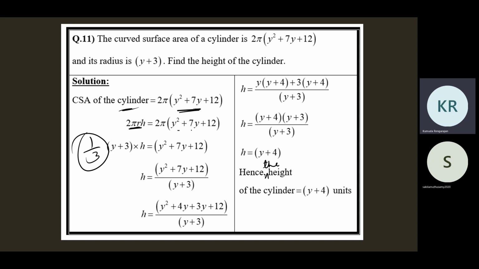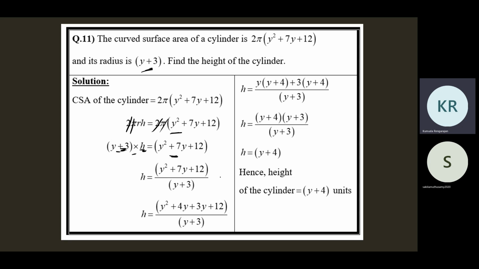That means 2 pi RH is equal to this. 2 and 2 get cancelled, pi and pi get cancelled. So R is y plus 3. R into H, y plus 3 into H, is equal to this one. So H is equal to y square plus 7y plus 12 divided by y plus 3.